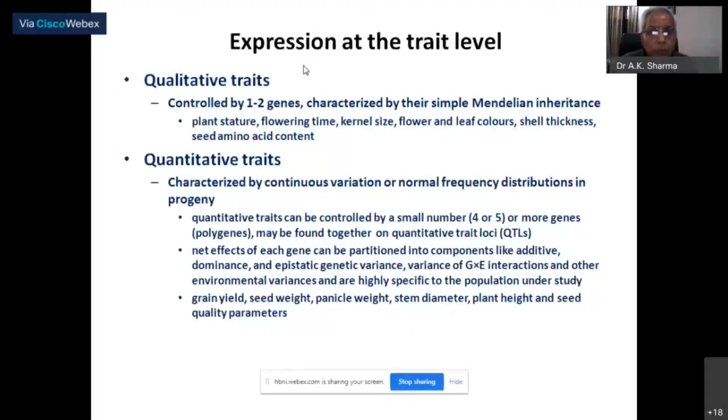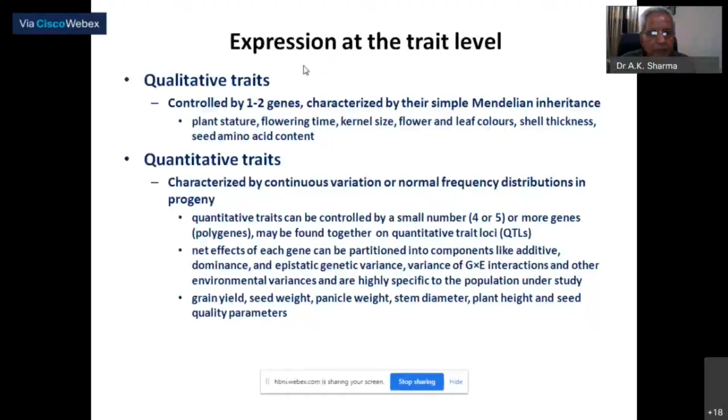Qualitative traits include, for example, plant stature, flowering time, kernel size, flower and leaf colors, shell thickness, amino acid content. Many of these things are controlled by one or two genes and therefore called qualitative traits.